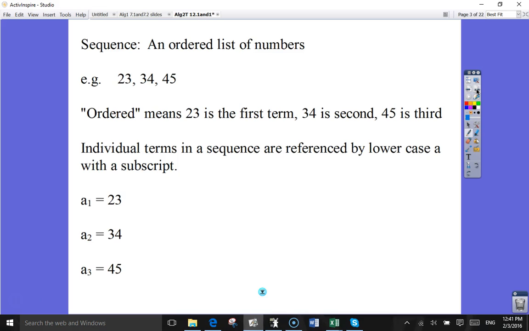So a1 is 23 up here, a2 is 34, a3 is 45. It doesn't quite look that way on the slide because of the font, but remember, that is a subscript. It's a little smaller and a little bit down. Don't write it like you're multiplying a times 1. You're not.